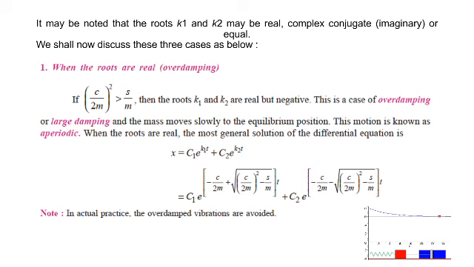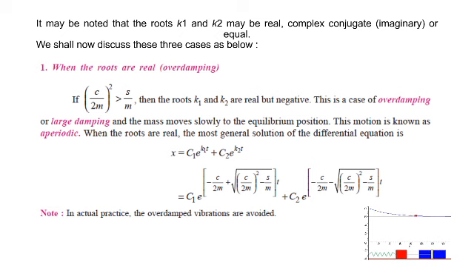Look at the square root value, (c by twice m) square minus s by m. If this (c by twice m) square is more than s by m, then these two values will be real. K1 and K2 will be real but negative. There may be a negative sign, but they will be real.